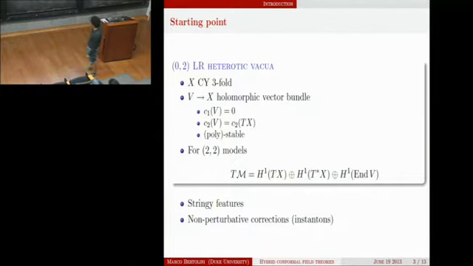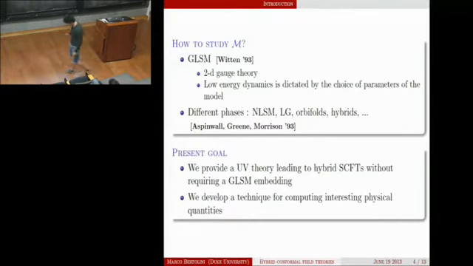Right, so how do we study such a moduli space? Well, in the last 20 years, a very powerful tool has been the gauge linear sigma model of Witten, which very briefly is a 2D gauge theory, weakly coupled, and whose low energy dynamics is modeled by the choice of the coupling constant of the model, right?